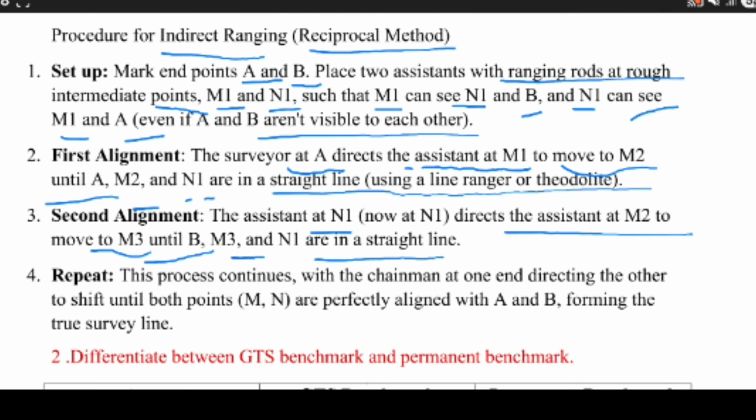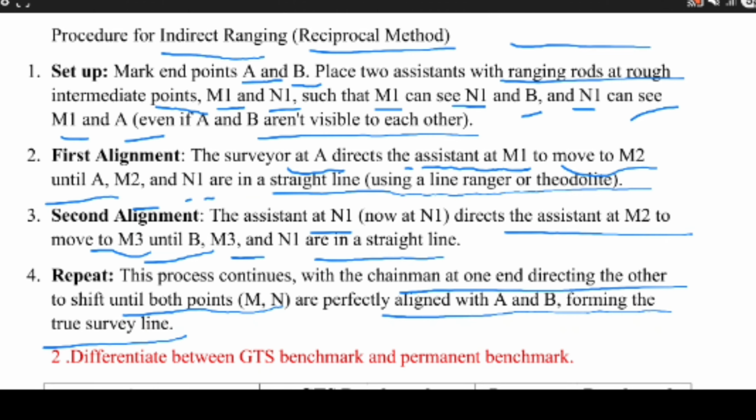You have to repeat the process until the chainman, directing each other, shifts both points M and N perfectly onto the same true survey line. You should get a survey line like this: A point, here B point, here M and here N. It should be in the same line and visible. So you have to do all these procedures.